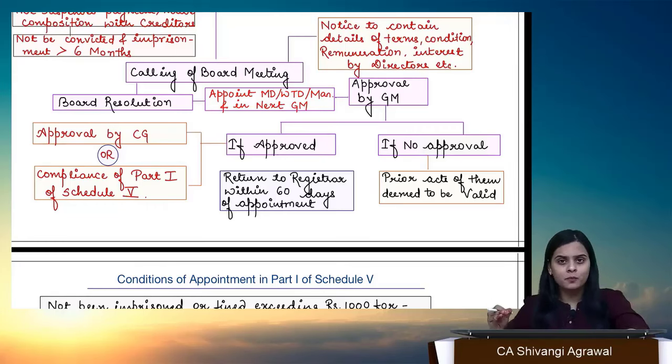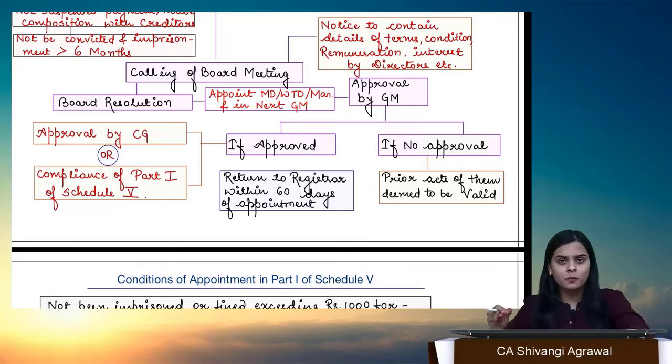Whatever you are being paid in a professional nature is not going to form part of your managerial remuneration. Usually the rule is that whatever the company pays has to be within that limit of 11%, because it is considered as managerial remuneration, but your sitting fees is not considered as managerial remuneration.